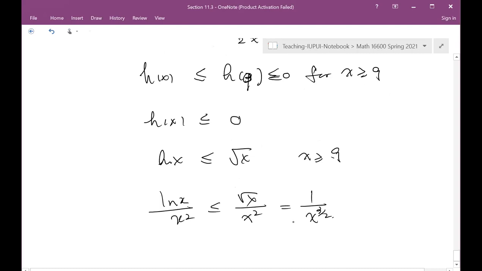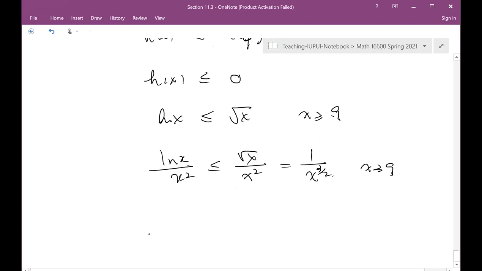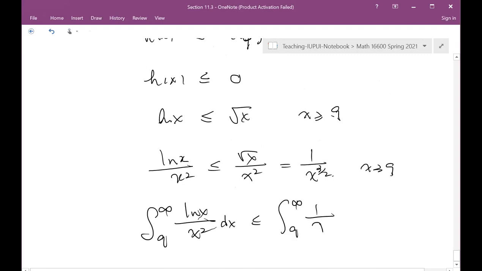Then you can use a p-series. The integral from 9 to infinity of natural log of x over x squared is less than or equal to the integral from 9 to infinity of 1 over x to the 3 over 2. This is finite, right? Because p is greater than 3 over 2.